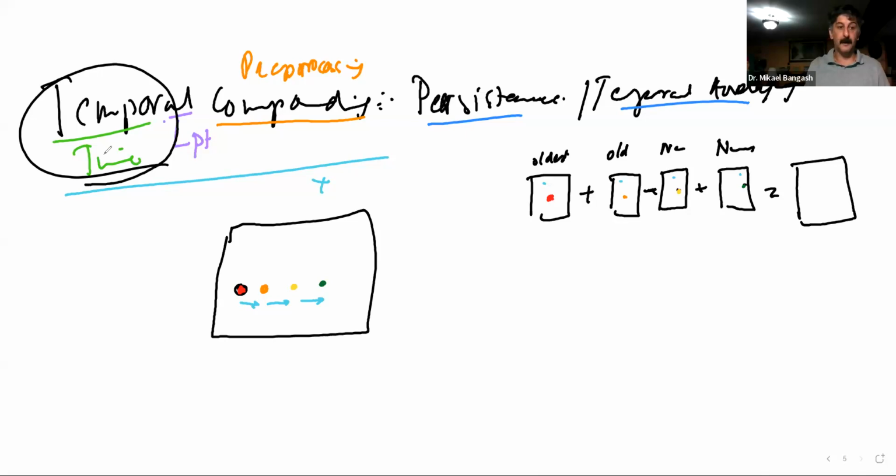Mainly, different frames from different time periods, overlapped or put together, give us what we call temporal compounding. Clear?